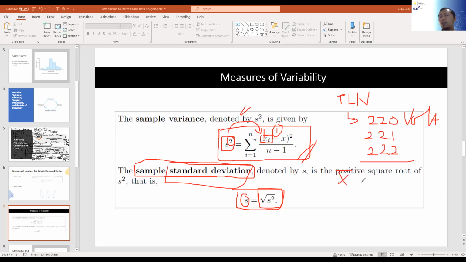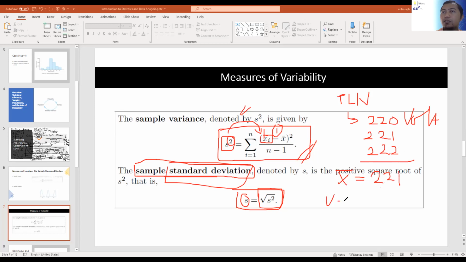we measure the mean. The mean is just summing up together and dividing by 3. So the result is 221, right? And then we want to compute the variance.